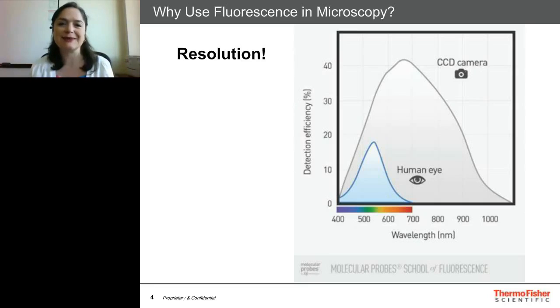Usually older eyes like mine can't even see that far, and it cuts off somewhere in the 600s. But you can see that CCD cameras can see a much wider range of wavelengths, and that helps. And they're also much more efficient in terms of how many photons they need to detect a signal. So resolution is one of the main reasons we would use fluorescence microscopy.